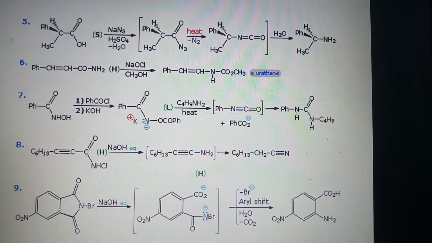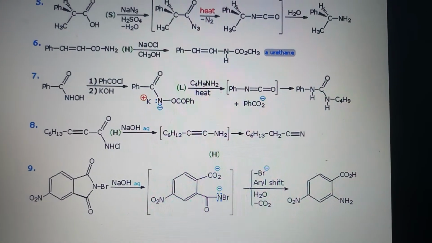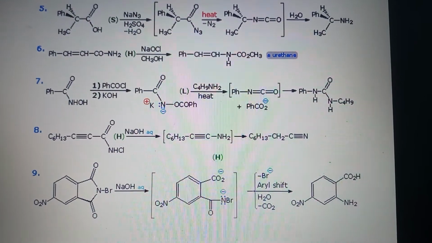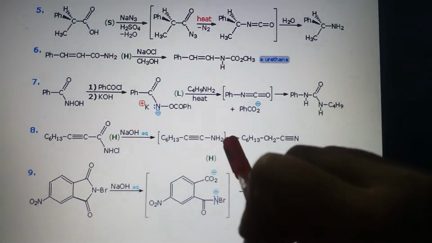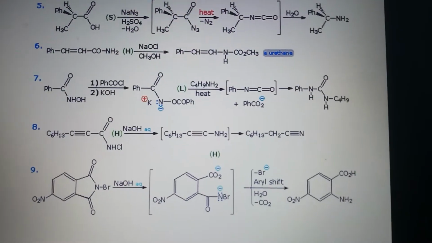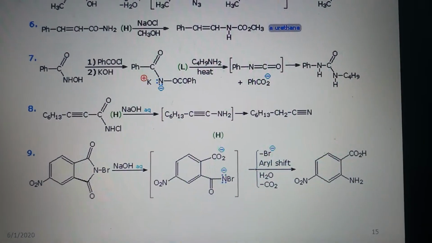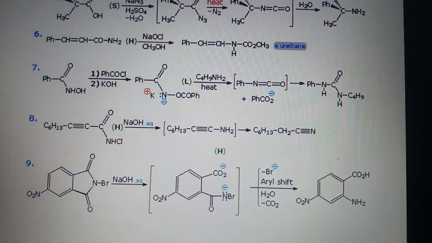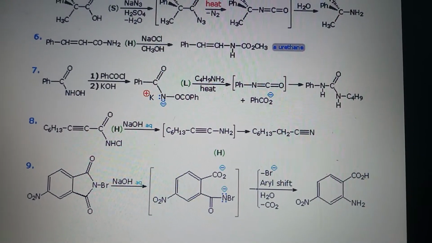Here, the Hofmann reaction in example 8 provides a novel example of tautomerism of an acetylenic 1-degree amine to a nitrile. Here is a 1-degree amine to a nitrile. The last example, example 9, is a selective Hofmann rearrangement of a bromoimide.